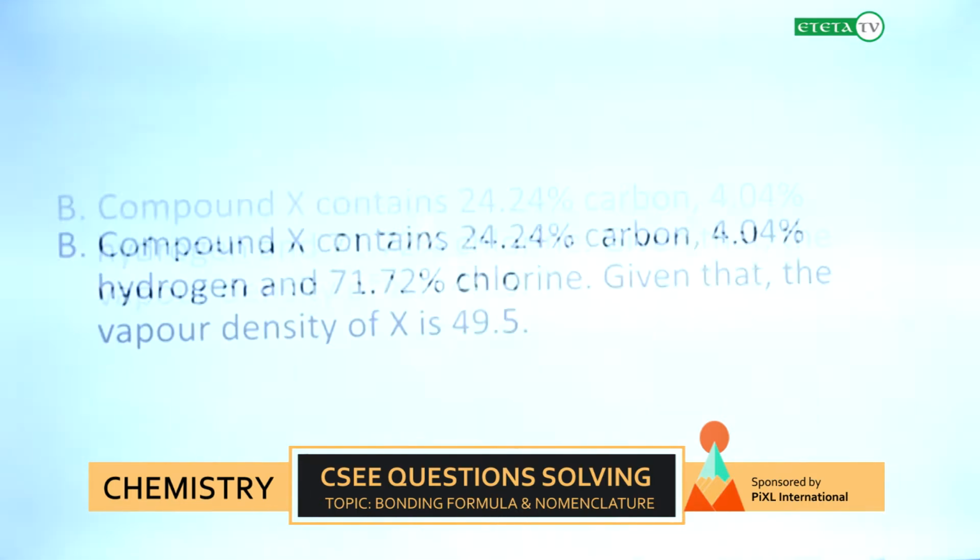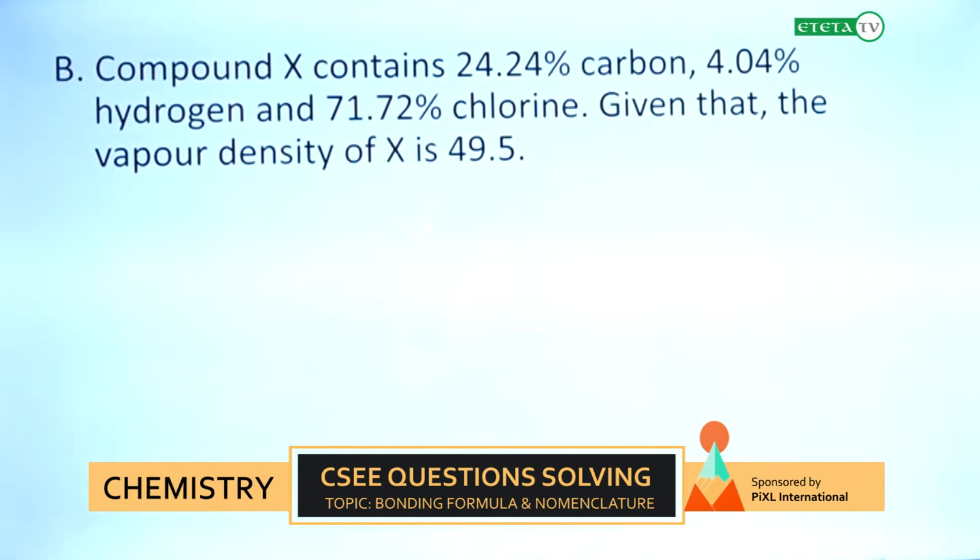Question number 9B says, compound X has 24.24% carbon, 4.04% hydrogen, and 71.72% chlorine.